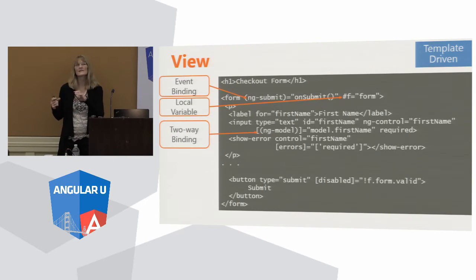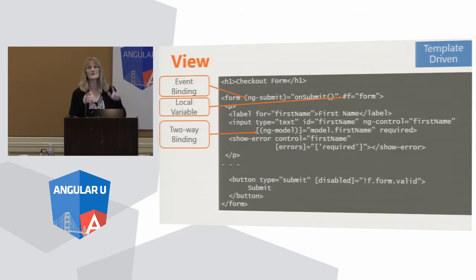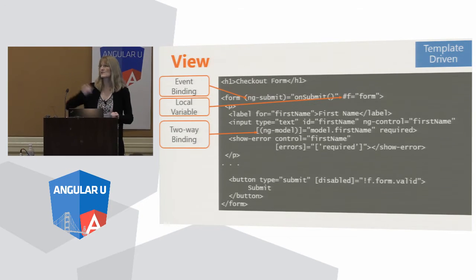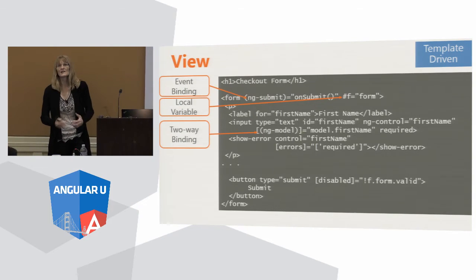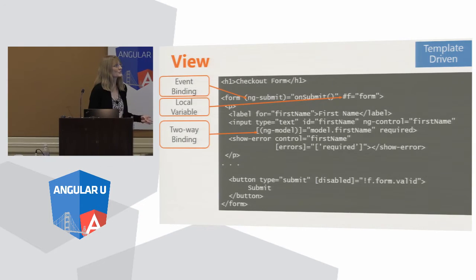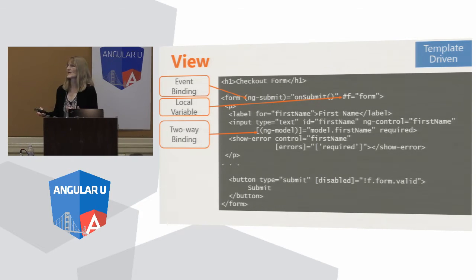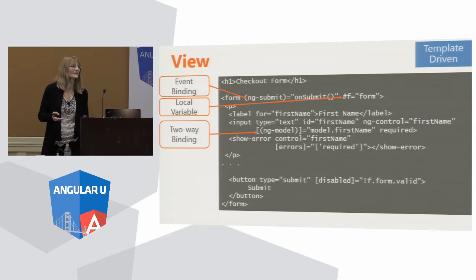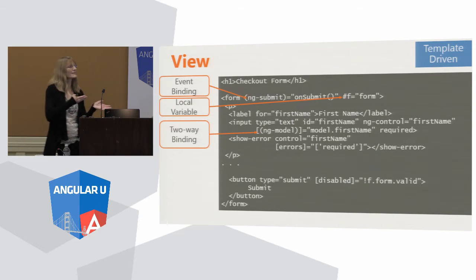And the event binding is what is taking the user's typed values, because they're executing events, key down or whatever. That is what's giving us back the value. So even though under the covers, technically the code from the Angular team's point of view is not the two-way binding of old, we are getting the same result as with two-way binding. But it's really property binding one way and event binding the other way.